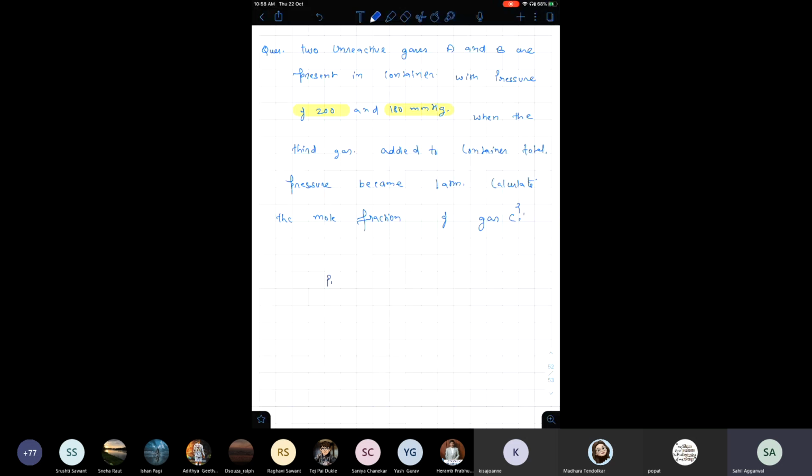PA plus PB plus PC is 1 atmosphere. Very good. What kind of mole fraction is this? Madhura, I have not asked you for ratio, I have asked for mole fraction. You should say 1/2.